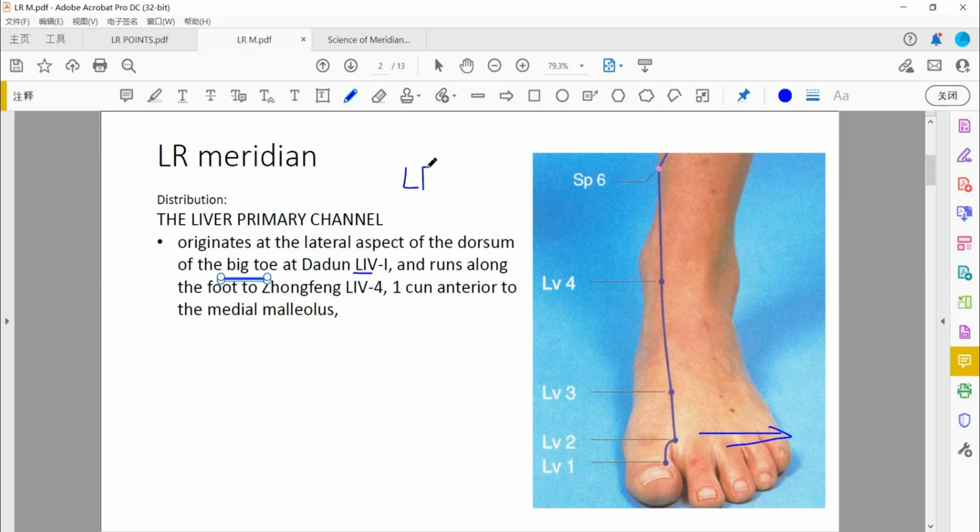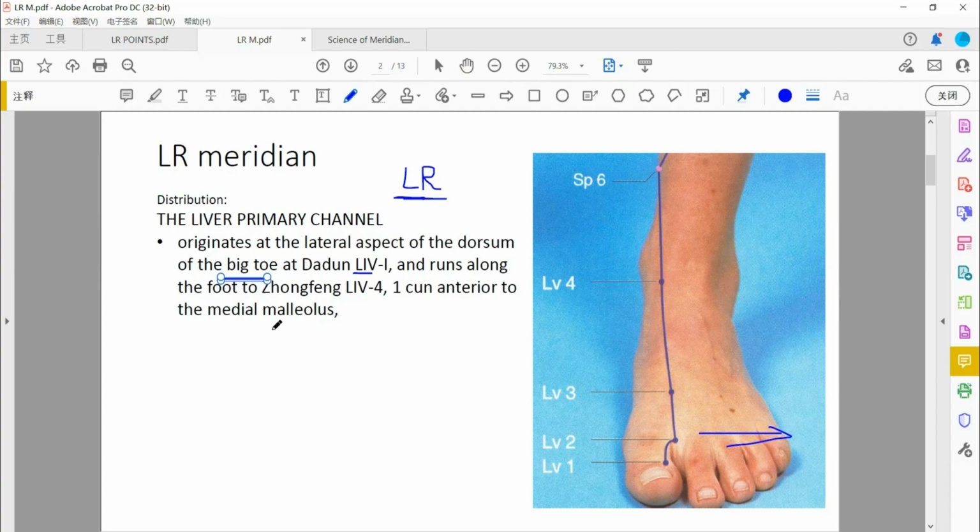Usually we will use LR; different books use different abbreviations. LR is better. Liver 1, liver 2, and it runs along the foot to 太冲, liver 3, liver 4, to here.